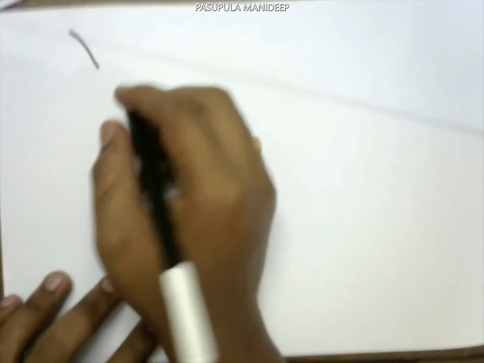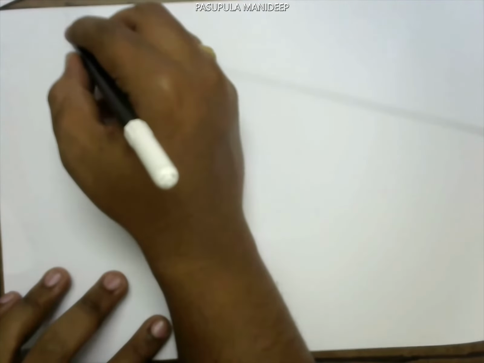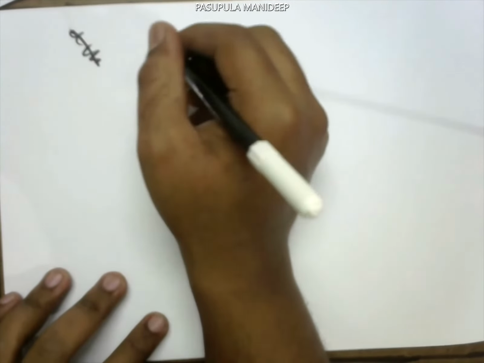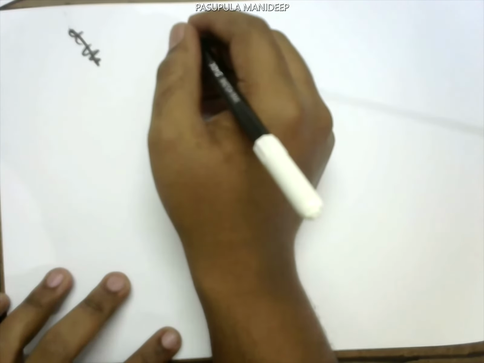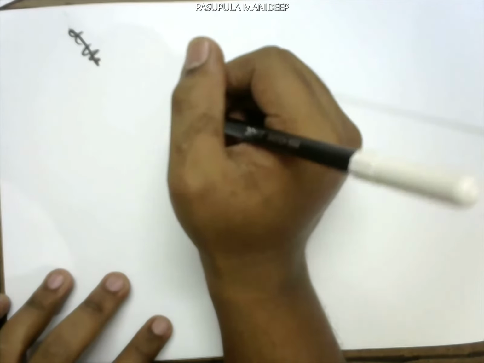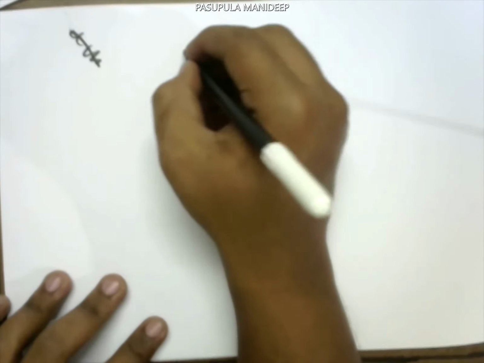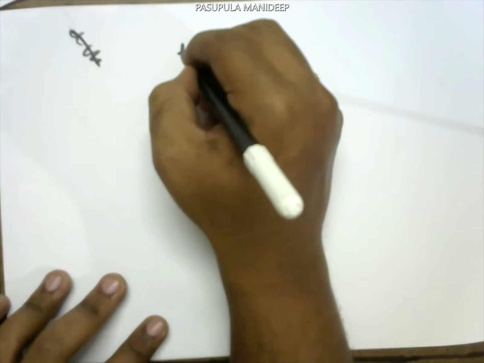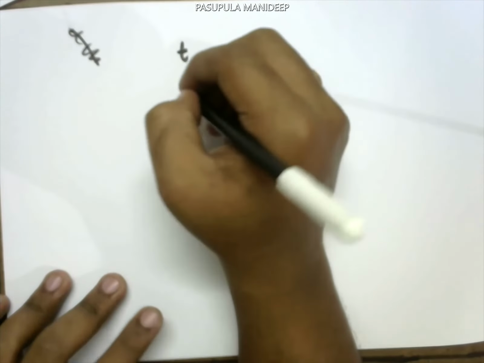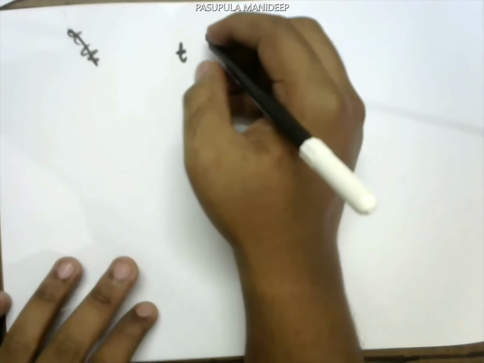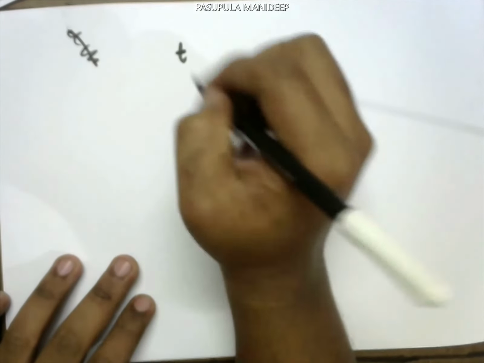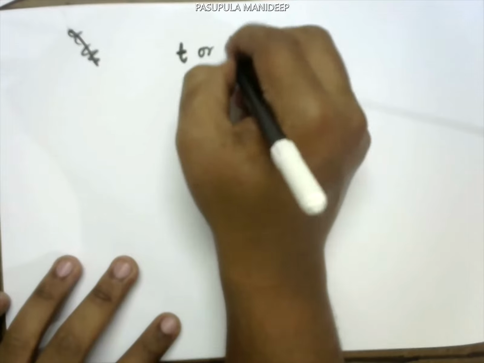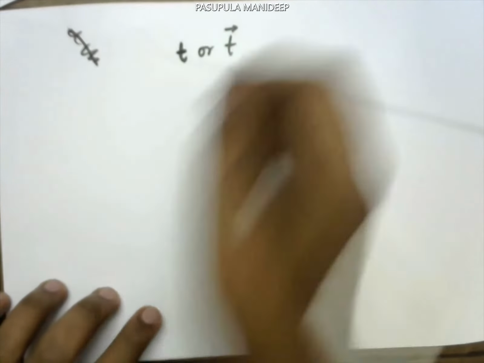This force can be represented per unit area, and it is termed T. This is nothing but the traction vector which we have discussed in our first video, the traction vector T, or it also can be represented by T bar.